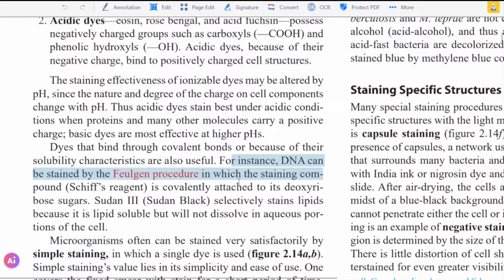For instance, DNA can be stained with the Feulgen procedure, in which the staining compound, Schiff's reagent, is covalently attached to its deoxyribose sugar. Sudan black selectively stains lipid because it is lipid soluble but will not dissolve in the aqueous portion of the cell.